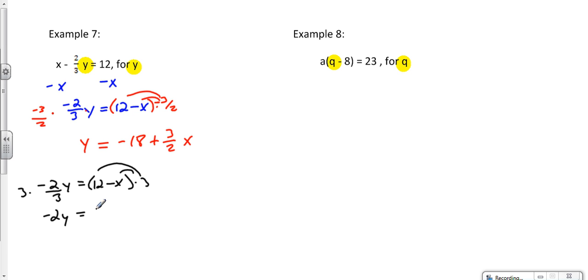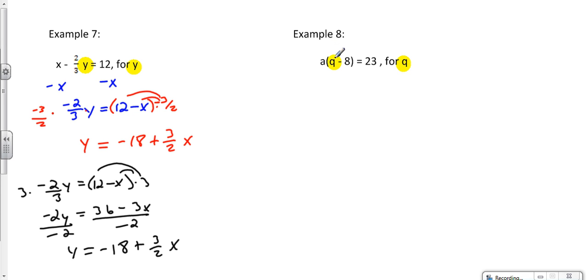So you get 36, sorry, minus 3x. And if you divide by negative 2, you're going to get the same thing you had before. 36 divided by negative 2 is negative 18. Negative 3x divided by negative 2 is a positive 3/2 x. So same thing if you wanted to look at it that way.